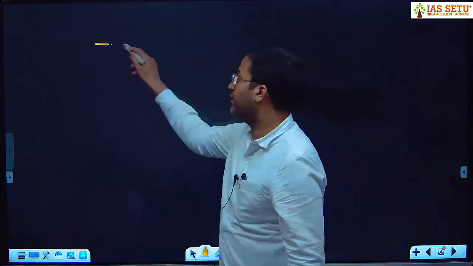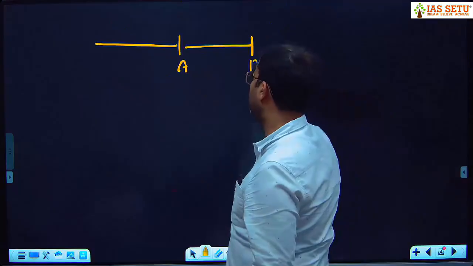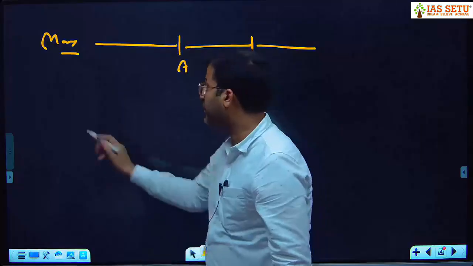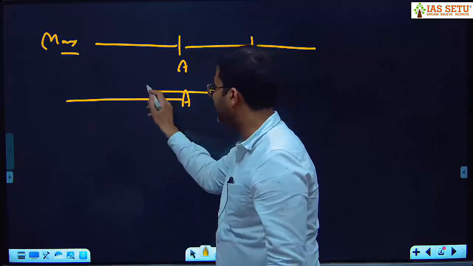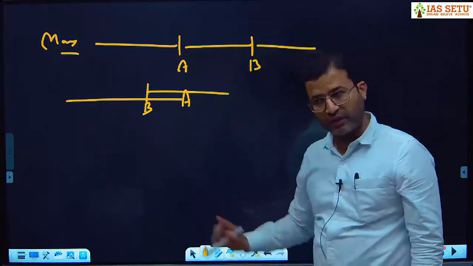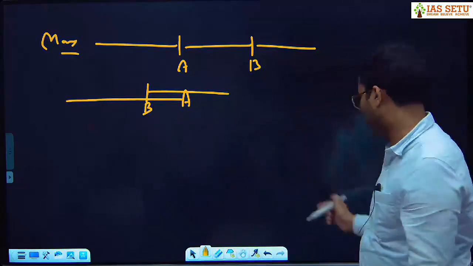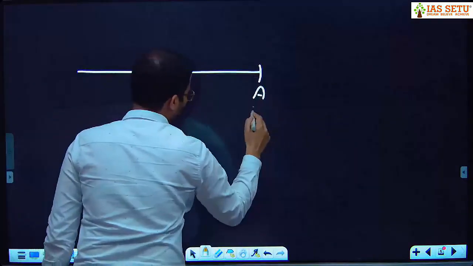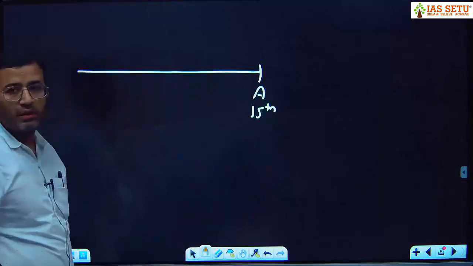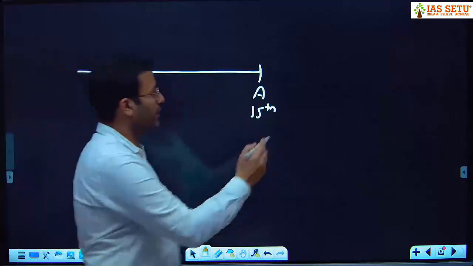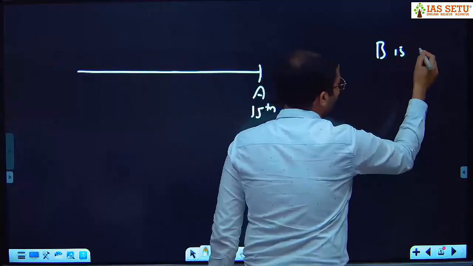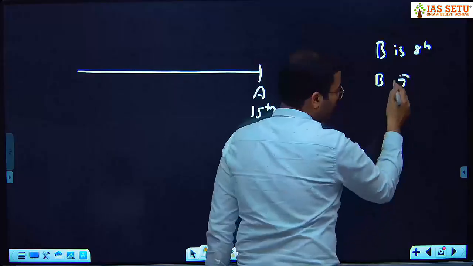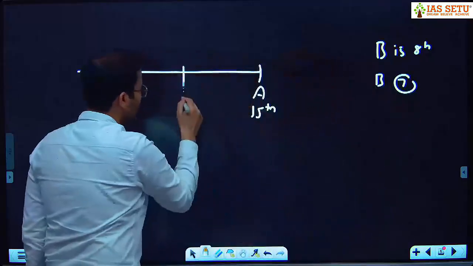Is this point clear? If we take A here and B here, this gives the maximum. To get the minimum, you have to take B here. Let me explain. A is 15 from the left. B is 8 from the right, right here. If B is 8 from the right, it means there are 7 on the right side of B. I take B here.